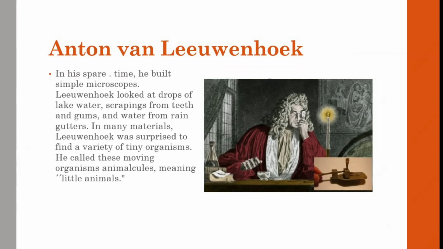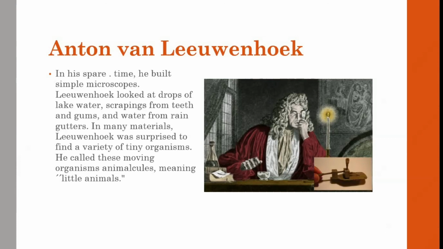Anton van Leeuwenhoek. At about the same time that Robert Hooke made his discovery, Anton van Leeuwenhoek also began to observe tiny objects with microscopes. Leeuwenhoek was a Dutch businessman who sold clothes. In his spare time, he built simple microscopes. Leeuwenhoek looked at drops of lake water, scrapings from teeth and gums, and water from rain gutters.